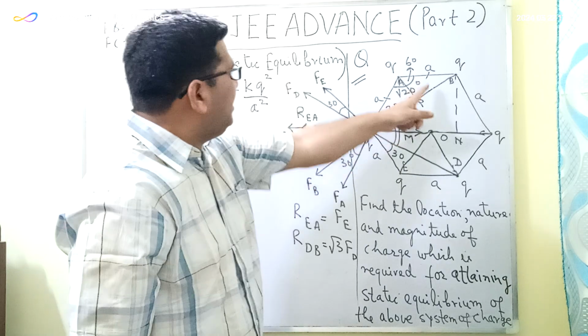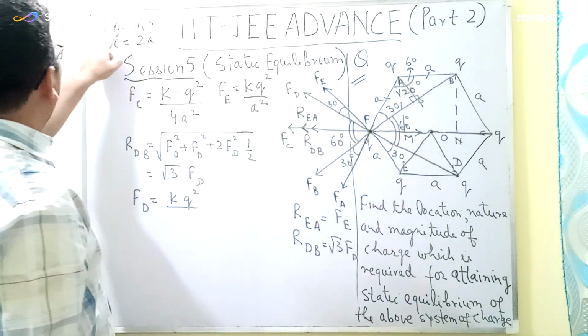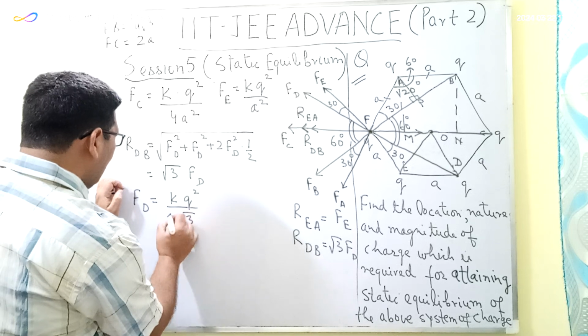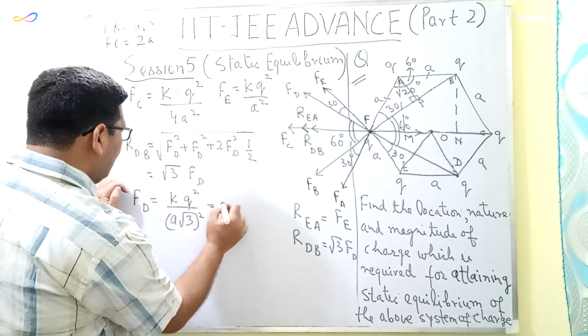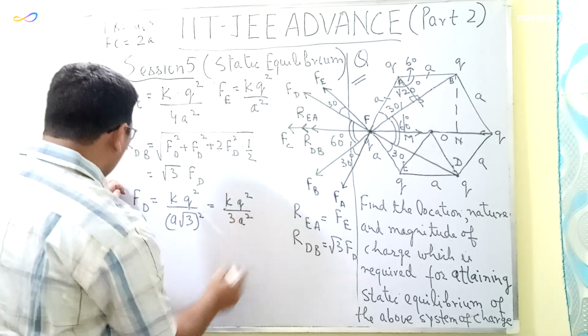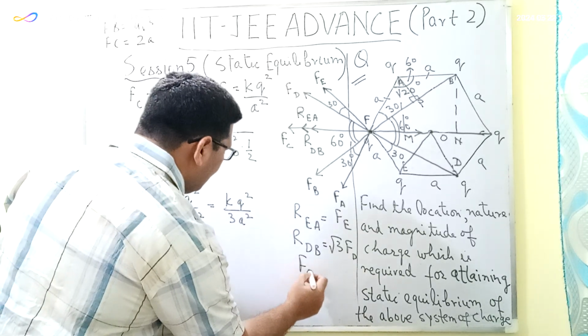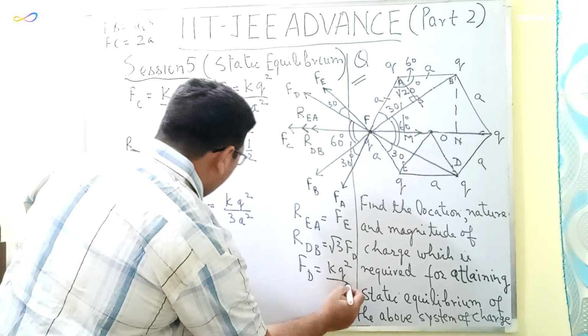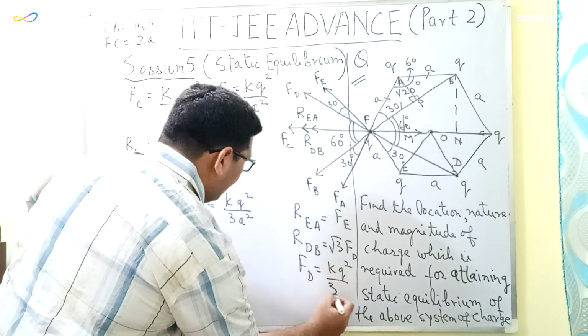Since FB is equal to FD, and FB was equal to A root 3, this will be equal to A root 3 whole square. This will be equal to K Q square upon 3A square. So FD is equal to K Q square divided by 3A square.